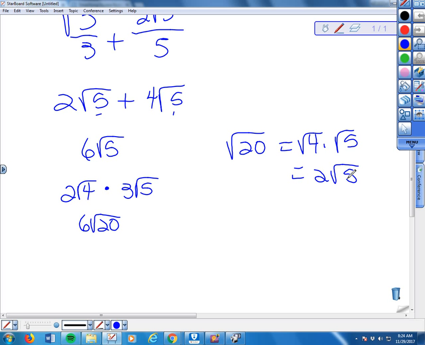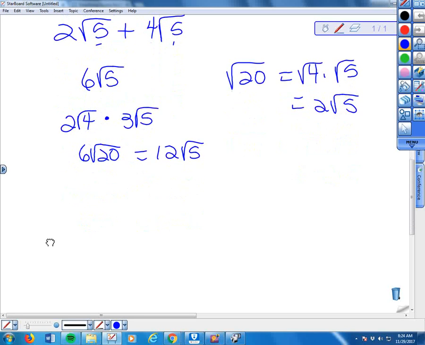So this actually would become 12 square roots of 5. When I multiply 6 times 2, I get 12, and then I have a square root of 5 left. We do it down here. Is 12 square roots of 5.